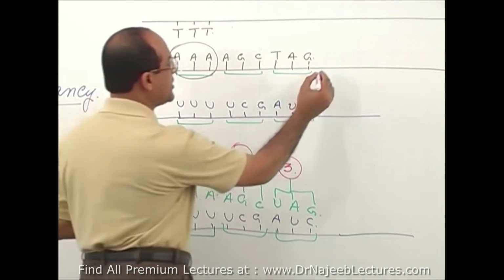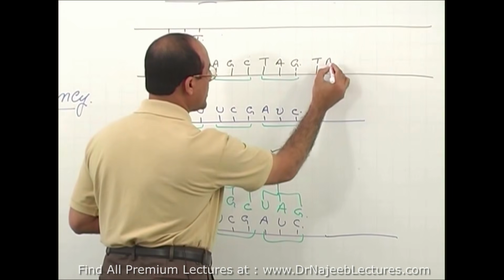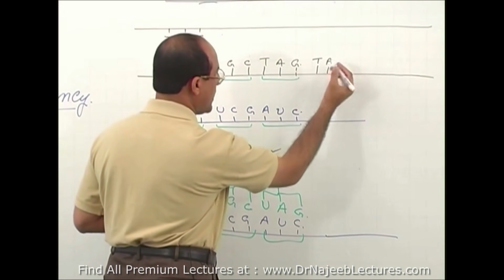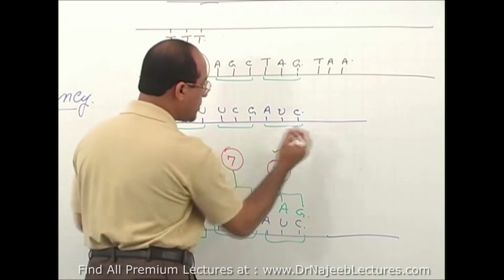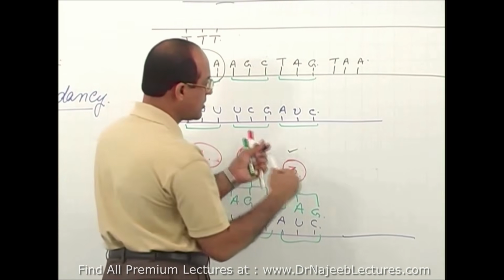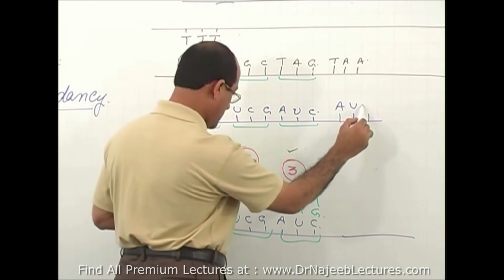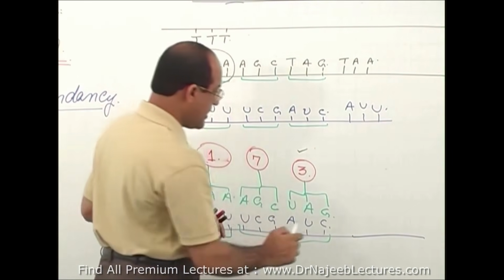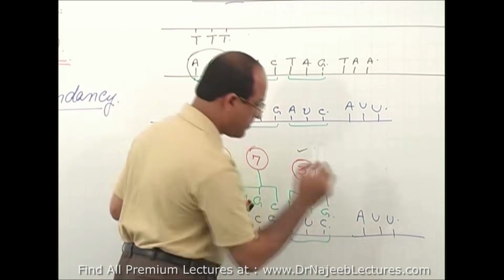That next codon is, let's suppose, TAA. So naturally it should be what here? AUU. Now here it is AUU.